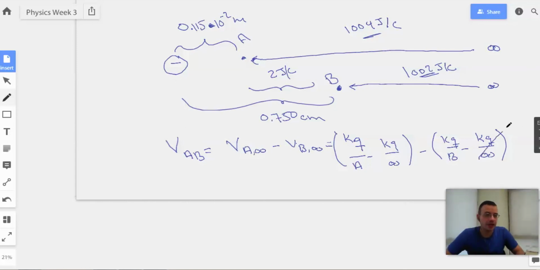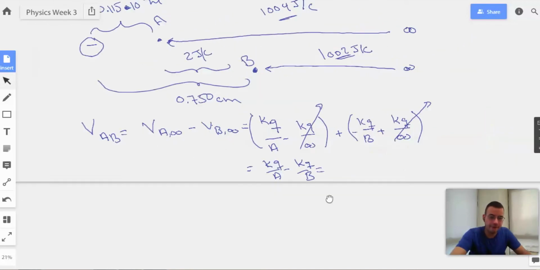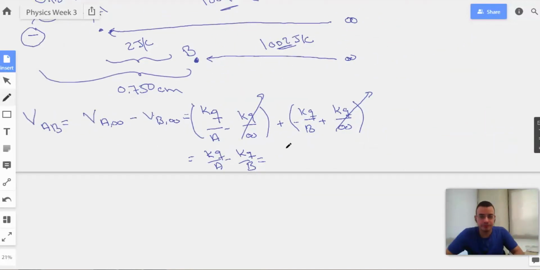Right. And then you would look at this and you'd be like, oh, distribute the negative sign. The negative infinity in the bottom is going to go to 0, so it doesn't matter. And you get KQ over A minus KQ over B, which will then just equal KQ times 1 over A minus 1 over B.